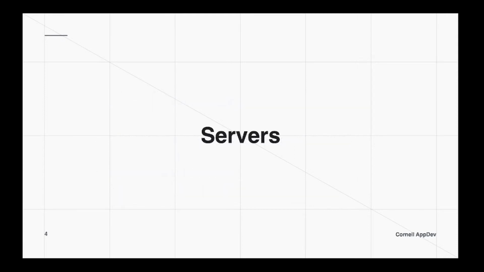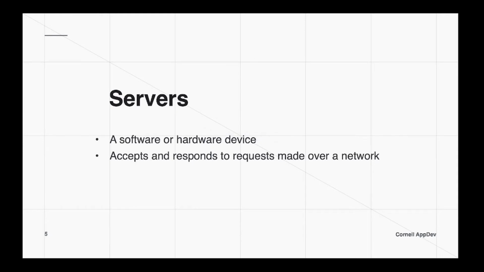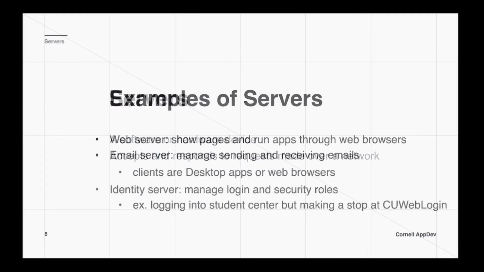So let's talk about servers before getting into deployment. A server is just software, like running python app.py, which lets you run the code. And it can also be a hardware device, assuming that hardware was designed to run servers. It should be able to accept requests made over the network, and it will respond with responses, as we've been doing all semester.